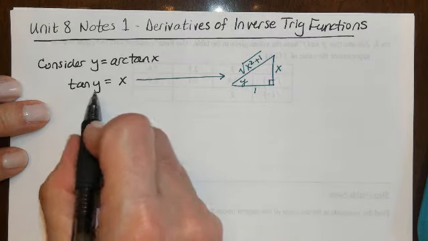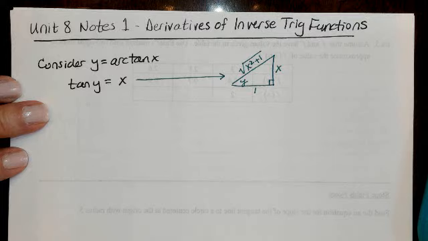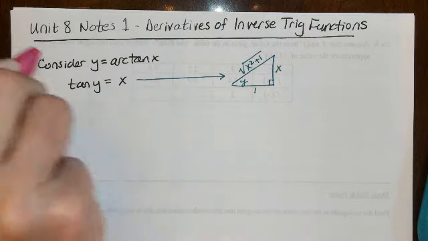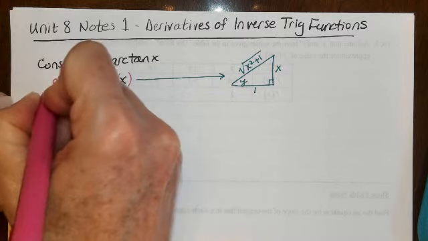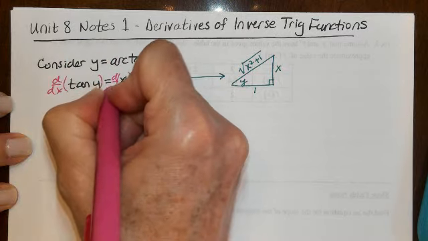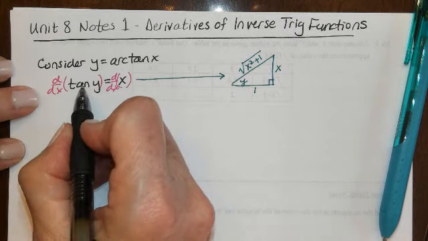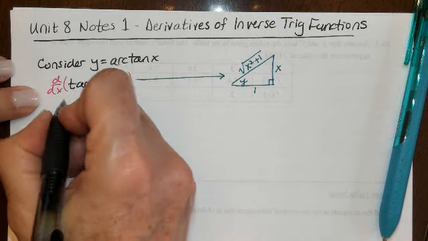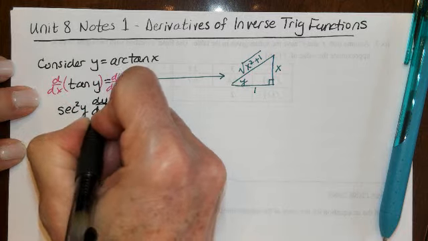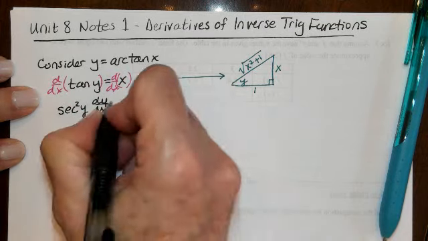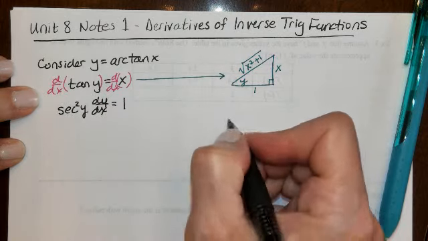Now that we have tangent of y is equal to x, let's take the derivative of each side with respect to x. And if we do that, the derivative of tangent y with respect to x would be secant squared y dy dx. The derivative of x with respect to x is 1.